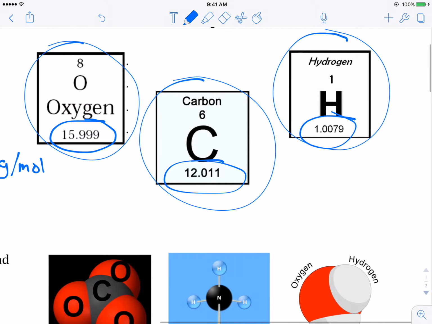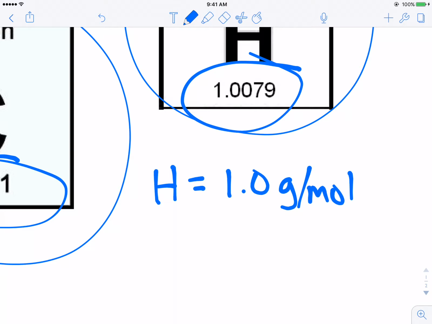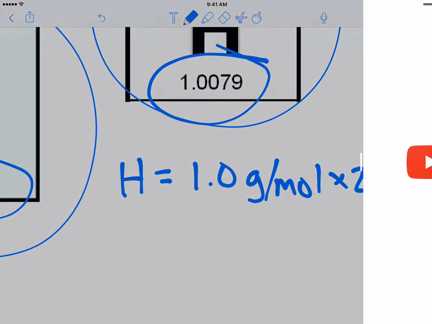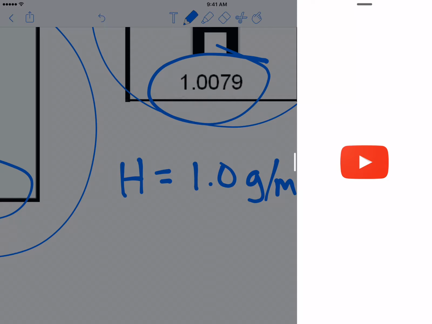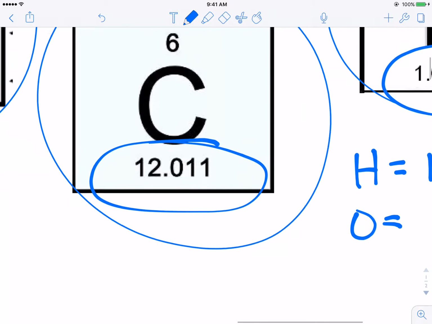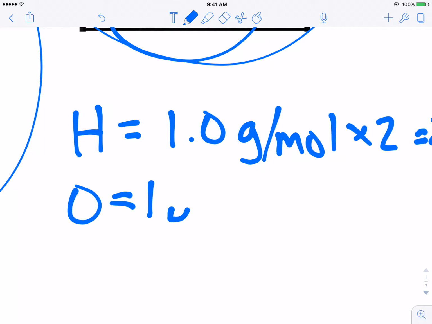So let's take a look. For hydrogen, we said it's 1.0 grams per mole, but I have 2 of them. So if I multiply this by 2, I'm going to get 2 grams of hydrogen. And with oxygen, it is 15.999 or 16 grams per mole.